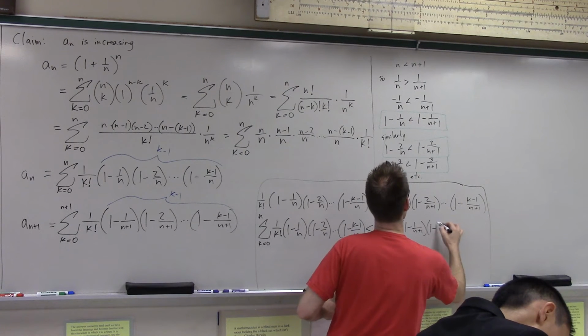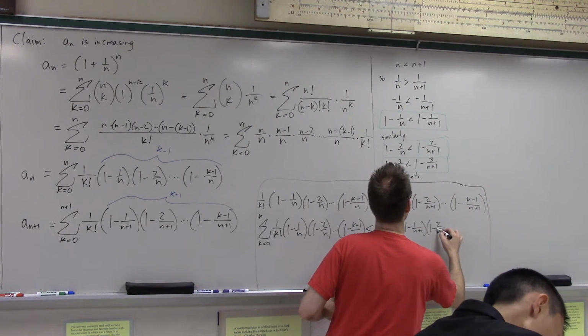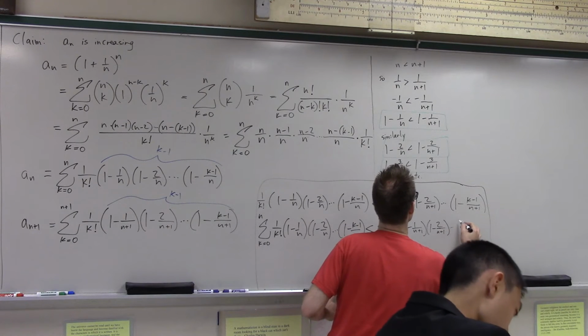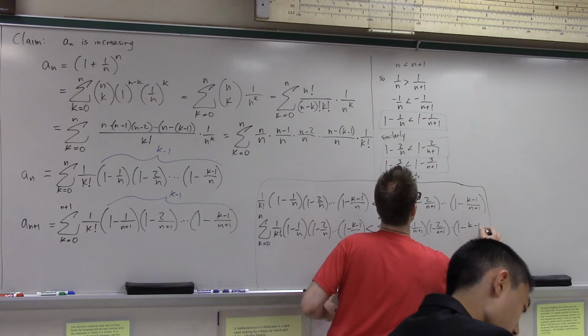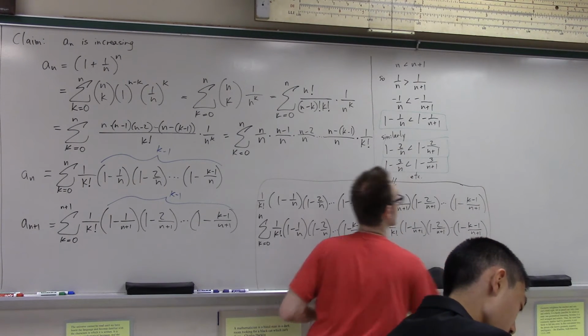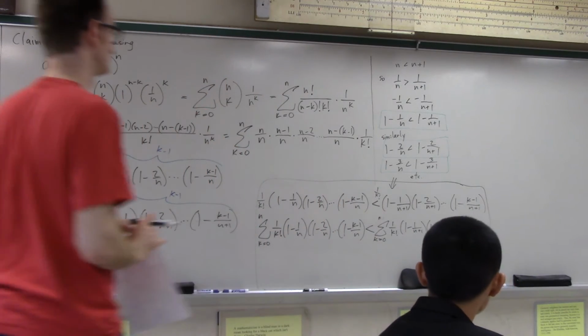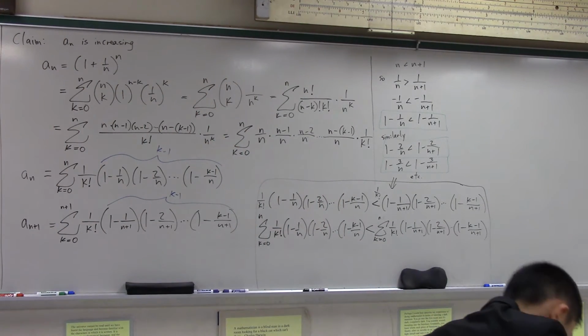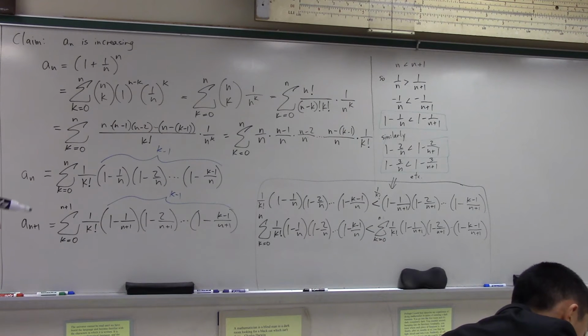Okay, but now, depending on how loose we want to be, are you guys already seeing that we're sort of done? Yep. Why? We have to technically show that a sub n plus 1 minus a sub n is always positive. So yeah, that's right.